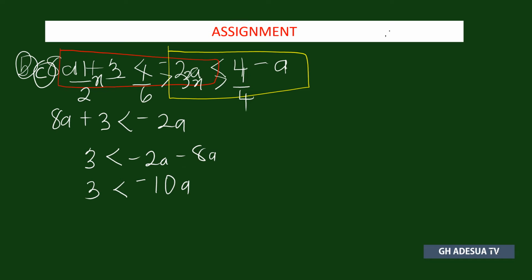Now, because we want a to stand alone, you divide through by negative 10. These two by negative 10. And like you are aware, anytime you multiply through or divide by negative, the sign changes. So outrightly, the sign becomes a greater than sign. So this will cancel out a over here.